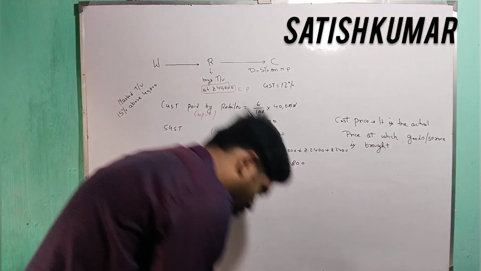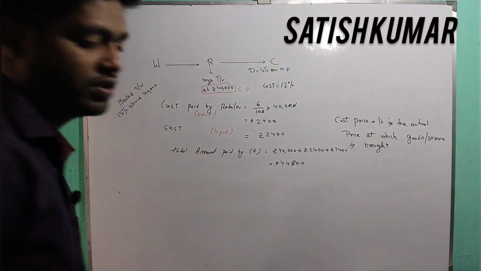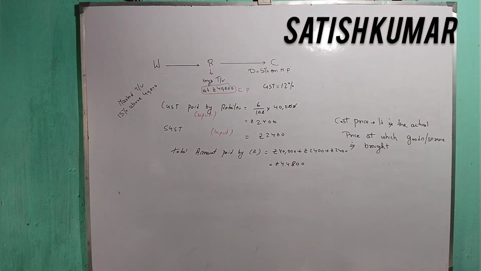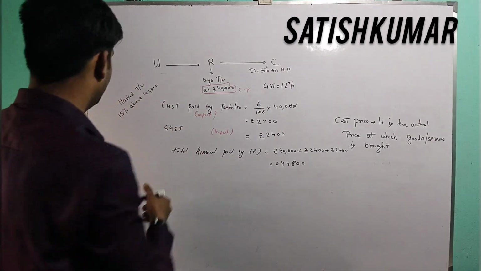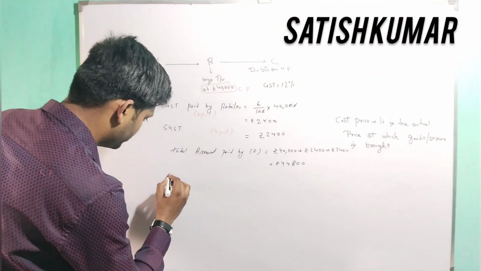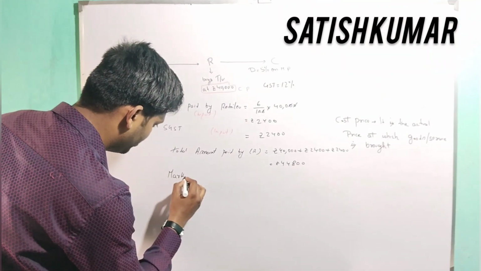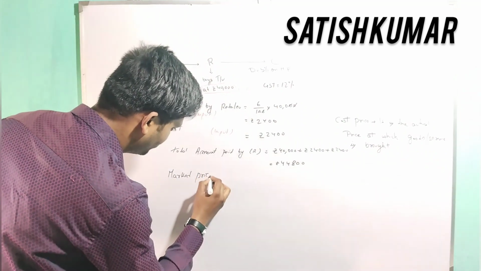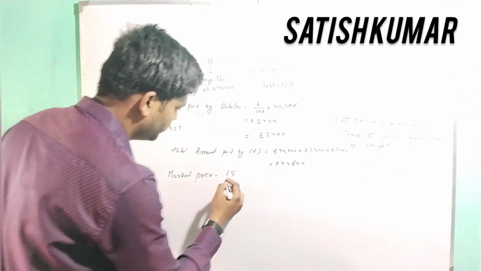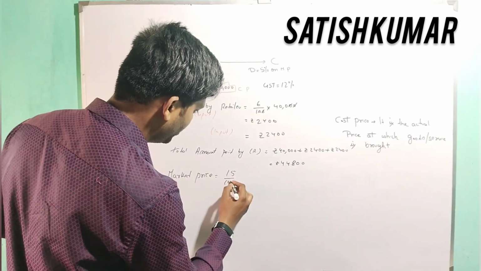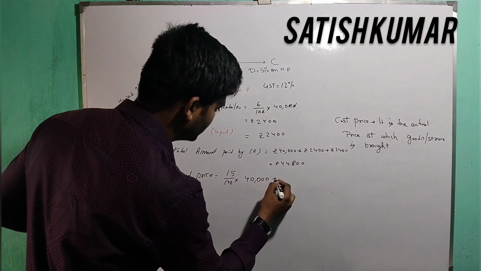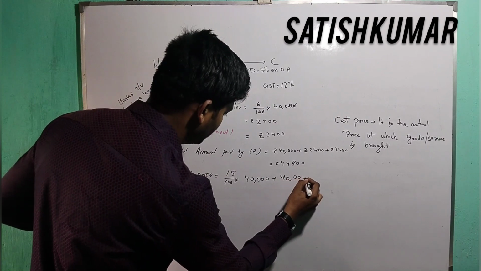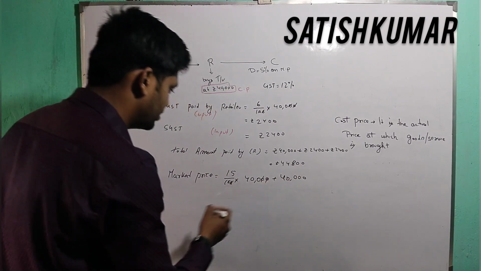So first we have to calculate the mark price. Let us find out the mark price for 15% above the cost price. Marked price is 15% above, so 15 by 100 into 40,000, or directly you can add it up to 40,000. Zeros cancel.